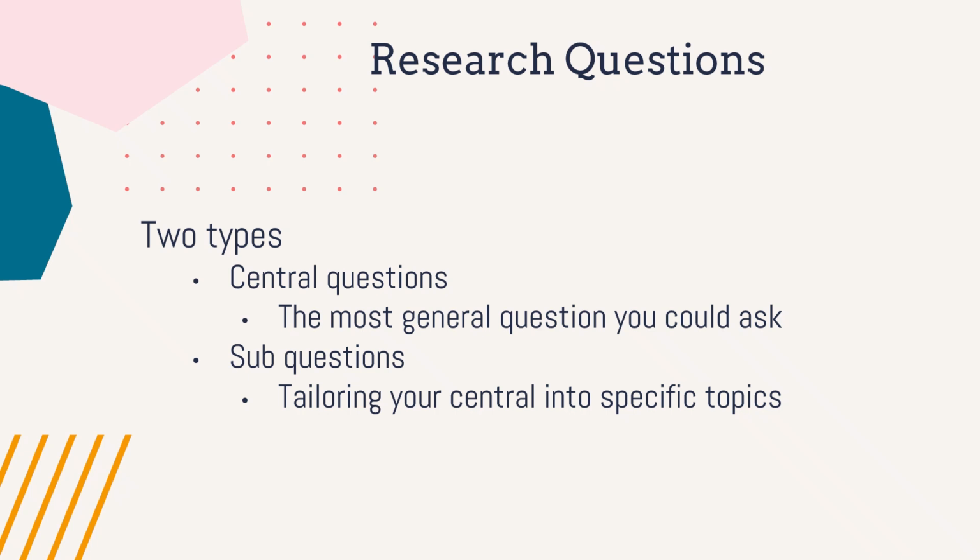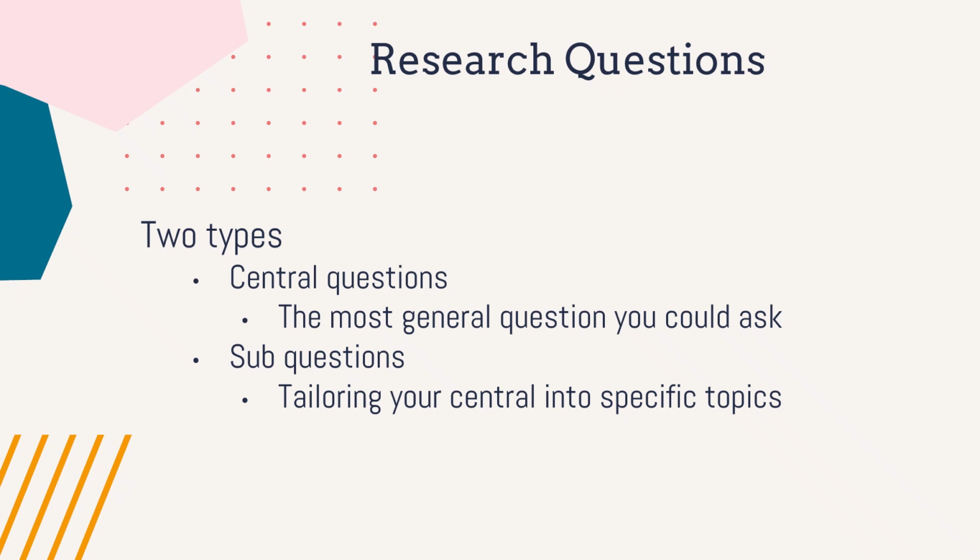So if we think of research questions as serving to narrow the purpose of our research, there are two types that we follow. Our overarching questions, which are the most general questions that you could ask. It's sort of like saying, what's going on here? How is the phenomenon or concept understood or perceived?